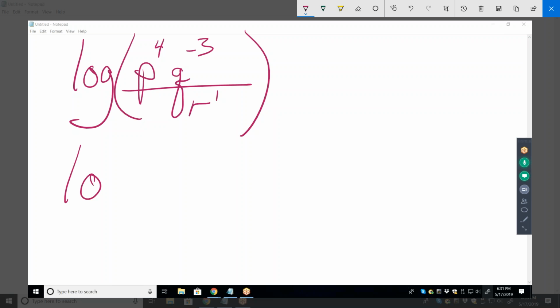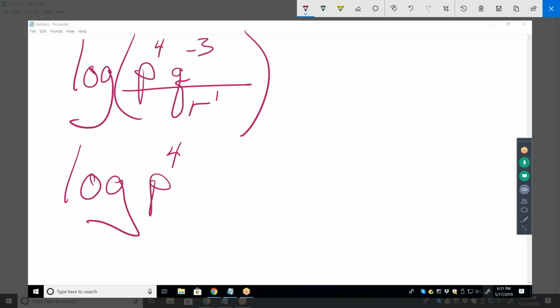Okay? What's the first log expression? What's the second log expression? And the fact that I'm expanding it means I got to put a plus or a minus here.